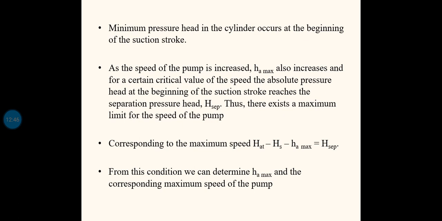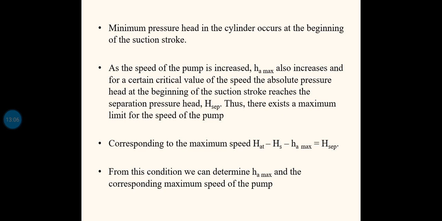So for each fluid, there is a corresponding value of the suppression pressure head. For water, the suppression pressure head usually taken is 2.3 meter of absolute value. So this minimum value equal to suppression pressure is the condition for suppression.